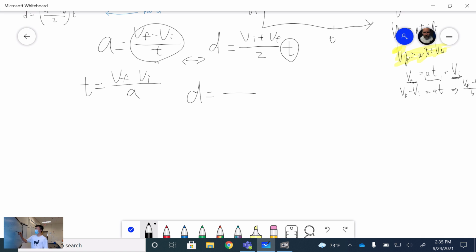So by substituting that, we will have the average speed times, it's still time, but now we get to express it using a, with the difference of two squares. We would have vf squared minus vi squared over 2a.